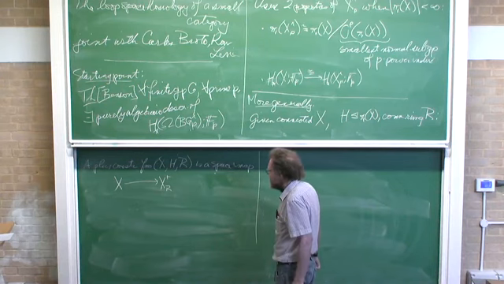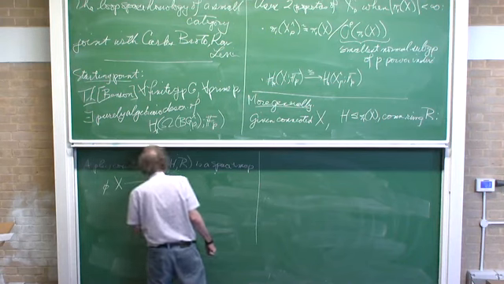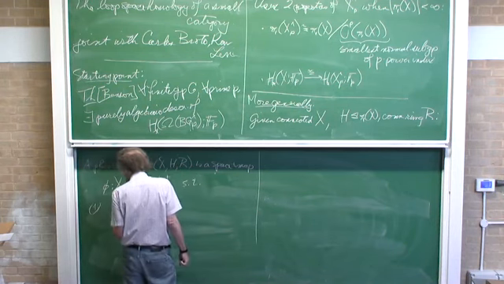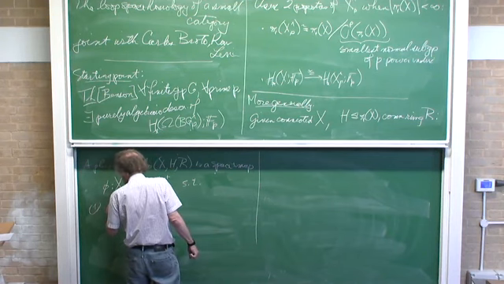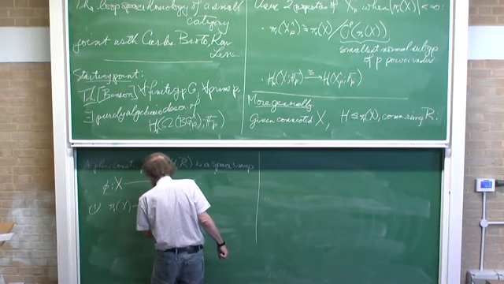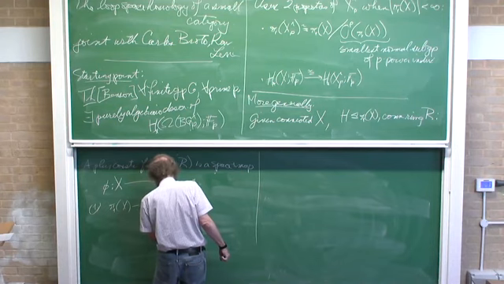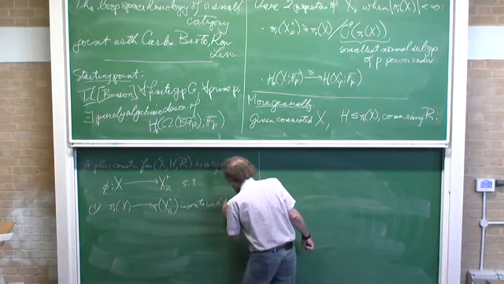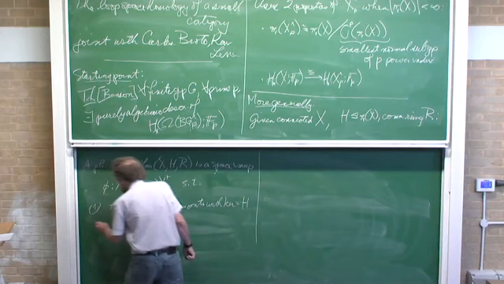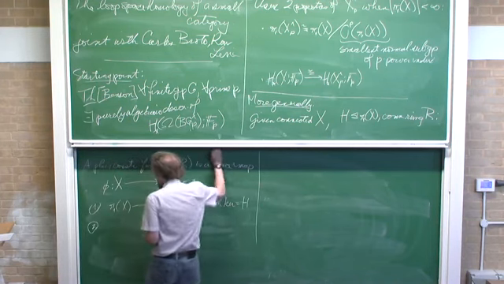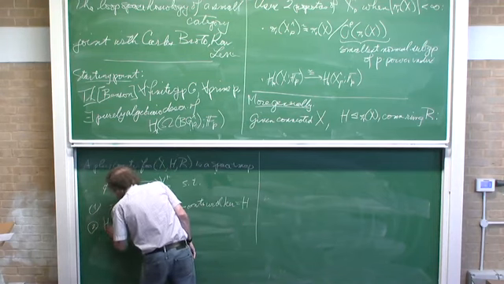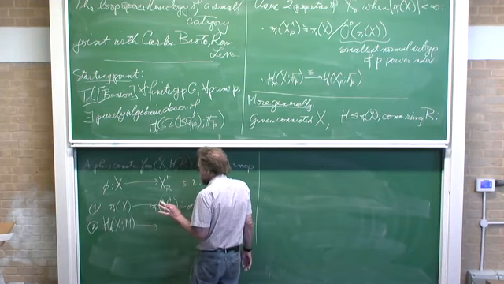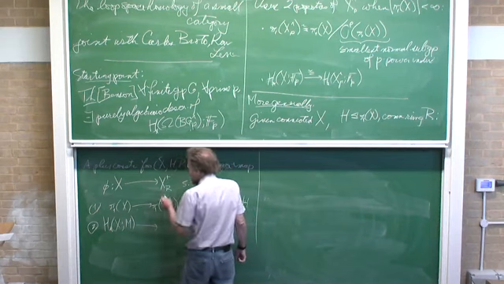I'll simplify the notation by leaving off the H, but such that, first of all, the map on pi 1 is onto with kernel H, and secondly, that it's an isomorphism in homology with R coefficients, but one has to do it slightly more generally with arbitrary twisted coefficients.